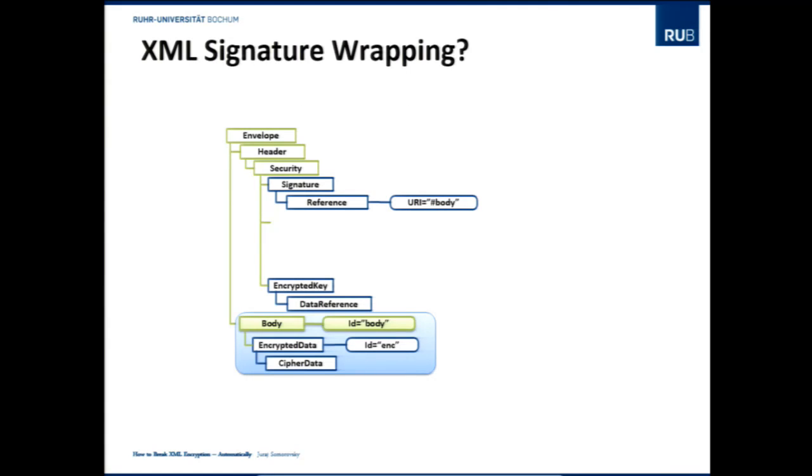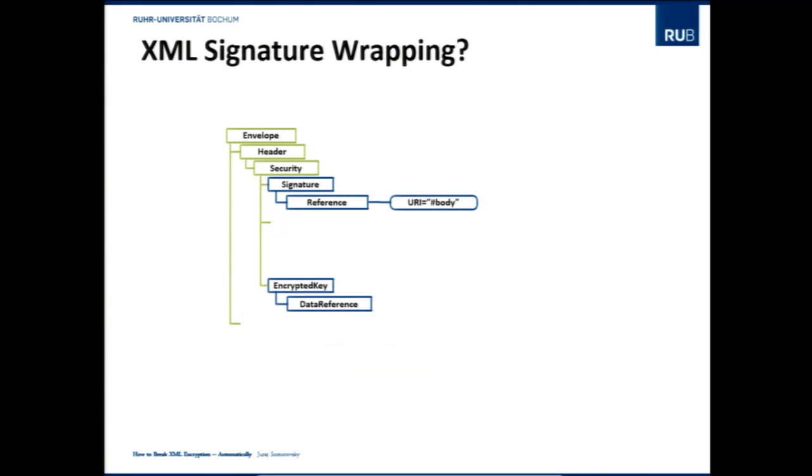So the first problem is XML signature wrapping, as I already mentioned. So imagine we have this message, and in this message, we have a signature which actually protects the SOAP body, which is encrypted. What the attacker can do is, for example, move the SOAP body to the security header.